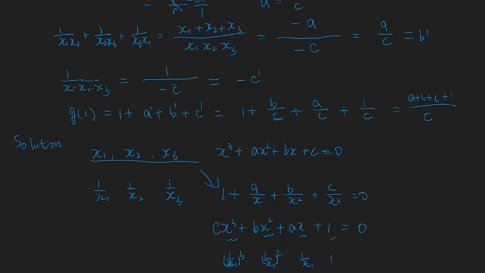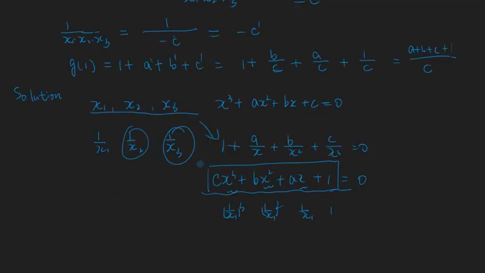So basically, 1 over x1 is a root of a polynomial like this, same as 1 over x2 and 1 over x3. So actually, this is just g(x), but with the difference that the leading coefficient of g(x) is 1. Here it is c, so we need to divide by c. So actually, g(x) just equals x cubed plus b over c x squared plus a over c x plus 1 over c. And that will give us g(1) instantaneously.